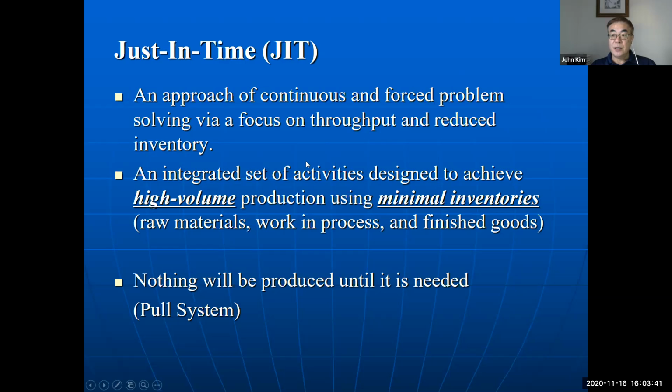And just in time is pull system. Pull system, I will explain what is the pull system in next slide. Nothing will be produced until it is needed. In just-in-time system, nothing will be produced until it is needed.